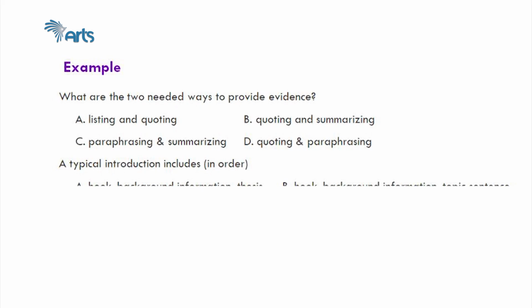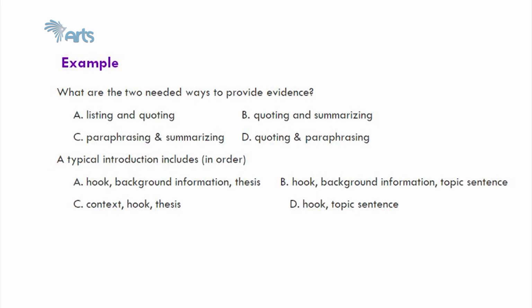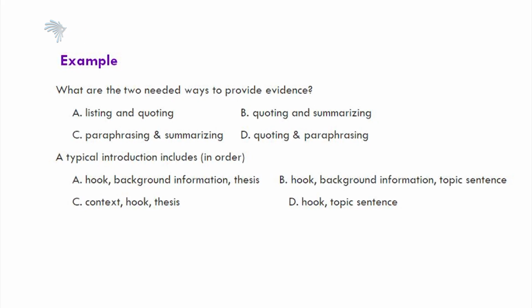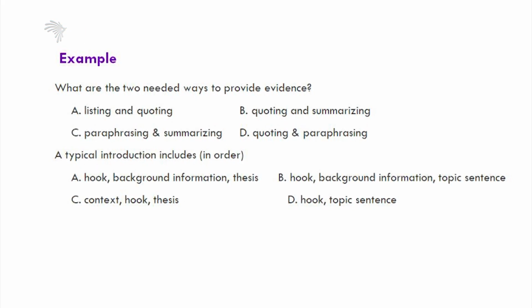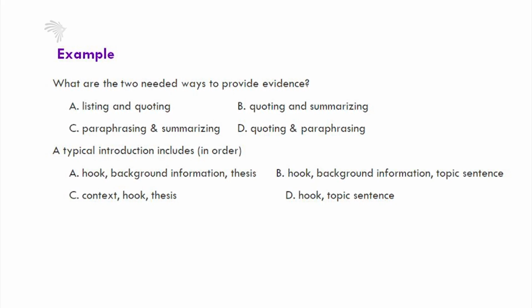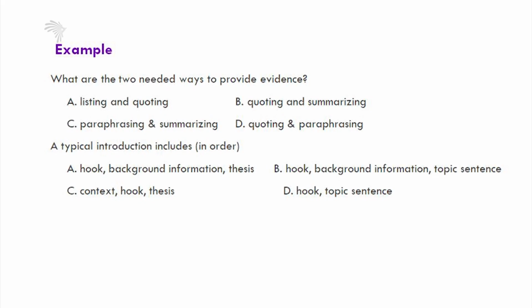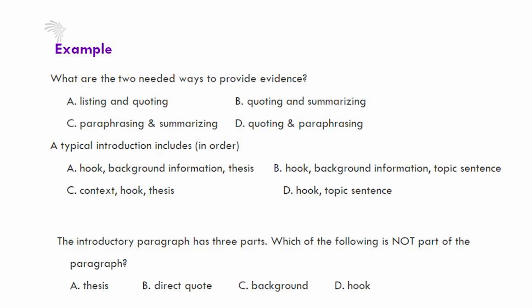A typical introduction includes: A, hook, background information, and thesis. B, hook, background information, topic sentences. C, context, hook, and thesis. D, hook, topic sentence. This is a repeated kind of answer. Previously, we dealt with the thesis paragraph. The introduction always has a background, hook, and thesis.